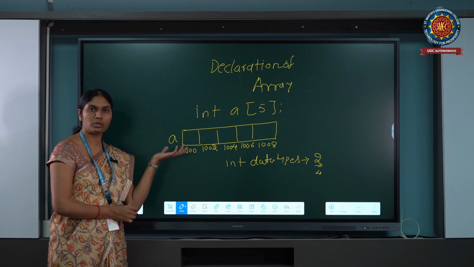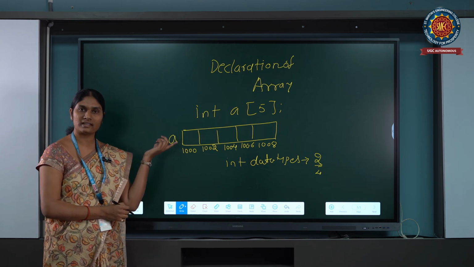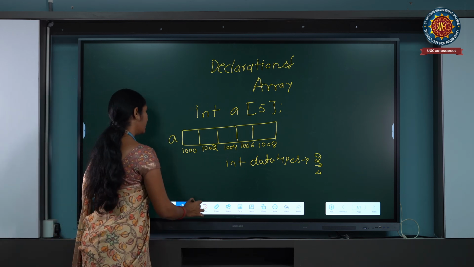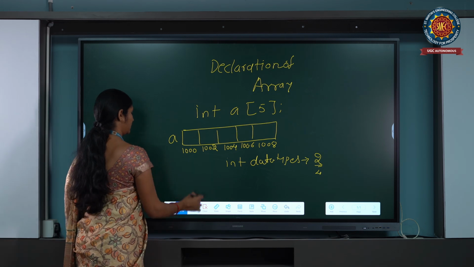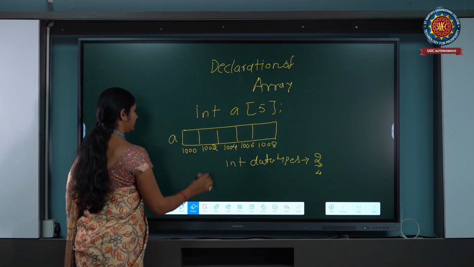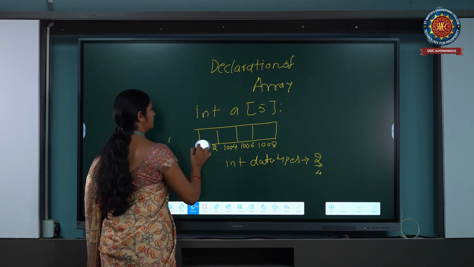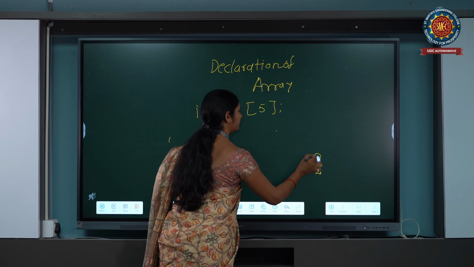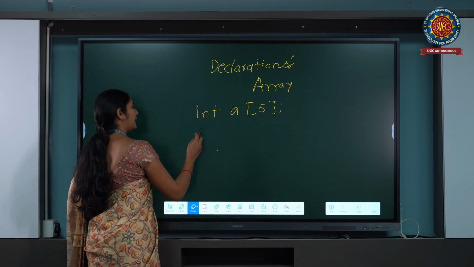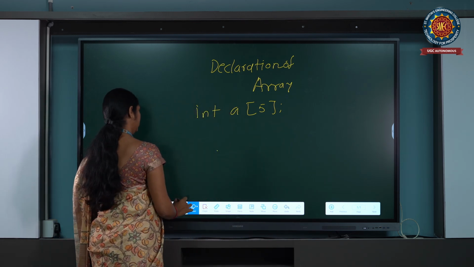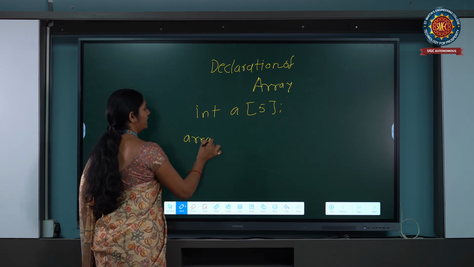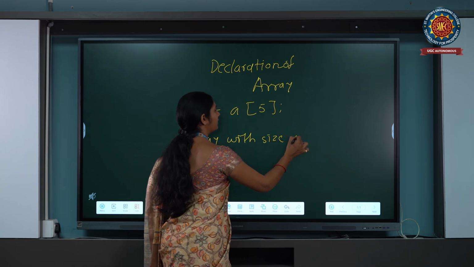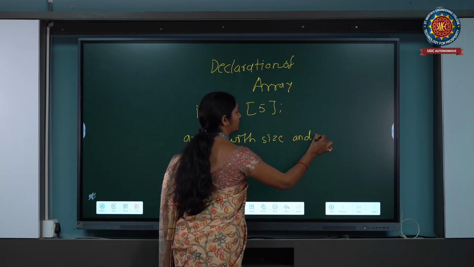Suppose we want to store array elements in C, we can initialize the array elements. In 3 ways we can initialize the array elements. First, array with size and initialization.